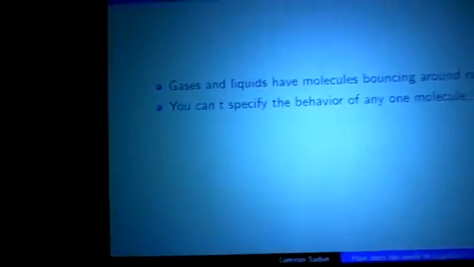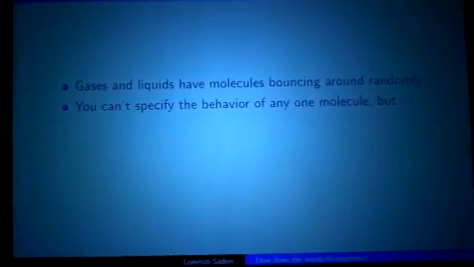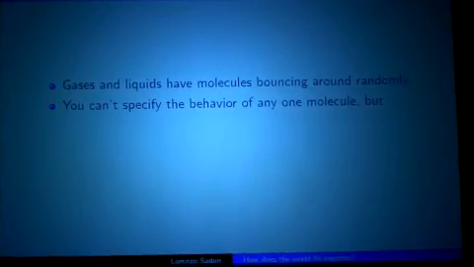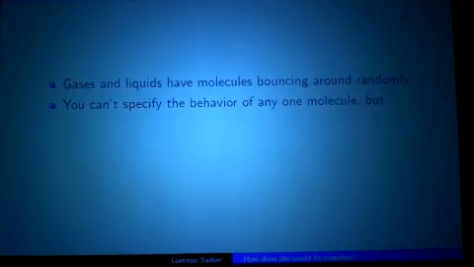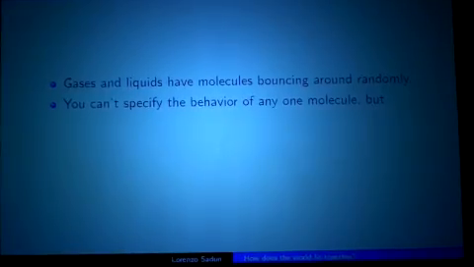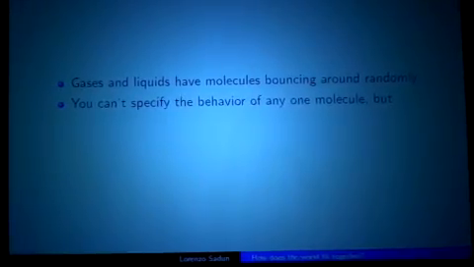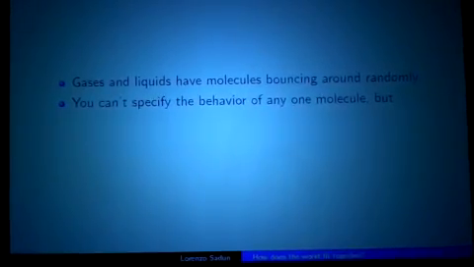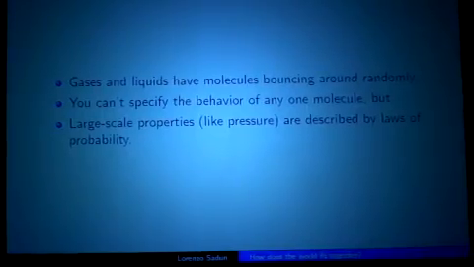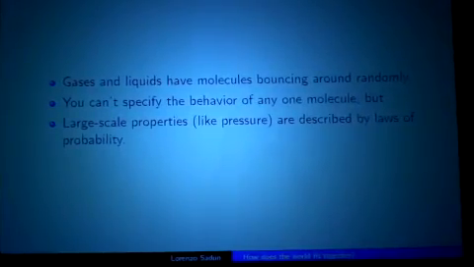That randomness means that if you want to understand what one molecule is doing, you can't. It's just too complicated the way that it can possibly bounce around. But you've got millions and billions and trillions, quadrillions, and actually it's much bigger than that. You've got a huge number of particles, and so you can use the laws of probability and statistics to explain what is happening in the aggregate.